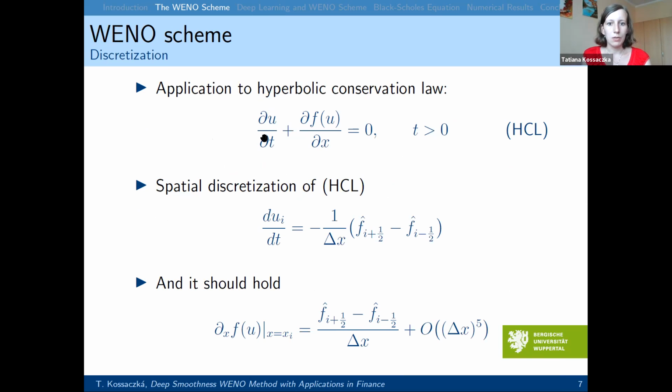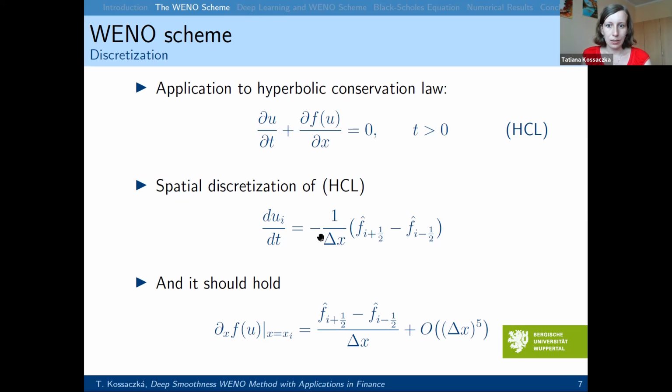It's just this first equation here, where F is a flux function. What we want to do first is to discretize this equation. So we do the spatial discretization of this equation, and we get something like this. This is the discretization of the flux function F.